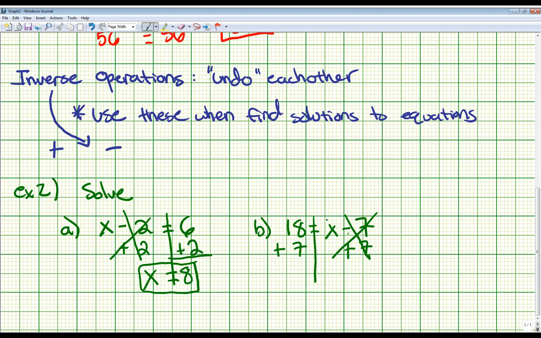I have an x that's not crossed out over here, so I'm going to bring that down. My equal sign stays on my line, and now I have to add 18 and 7 to get an answer on the left. And 18 plus 7 would give me 25. So the answer to my equation is x equals 25. Go ahead and pause the video and try the 3 on your own at the bottom of 303.